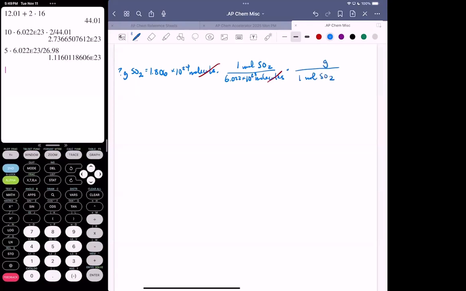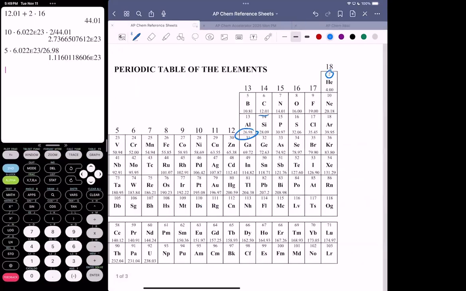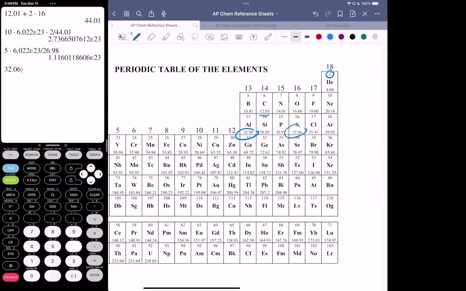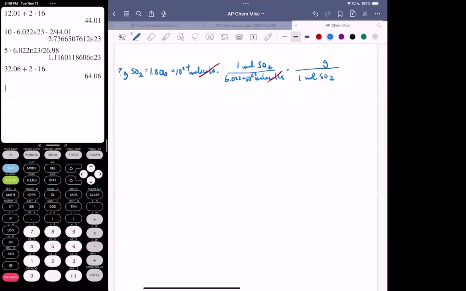So sulfur is 32.06 plus 2 oxygens, which are 16 each, so its molar mass is 64.06. The moles will cancel out.